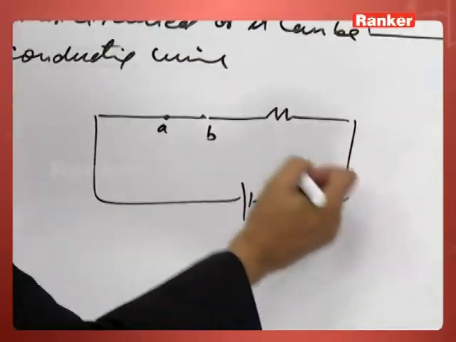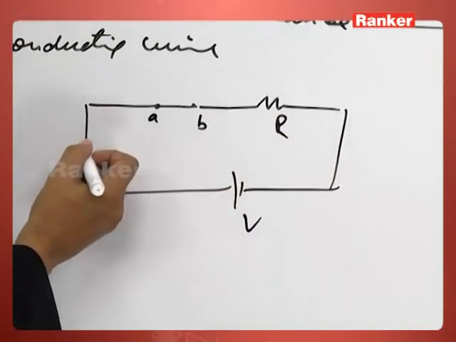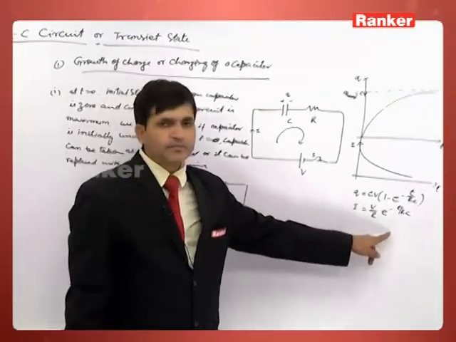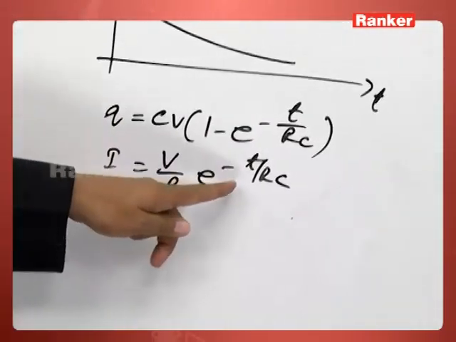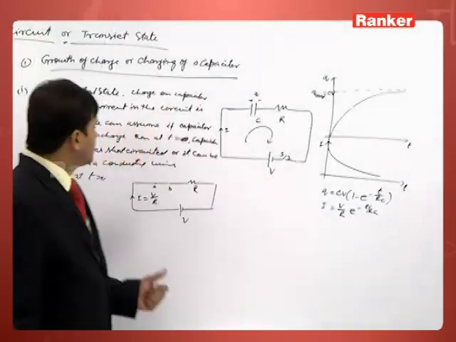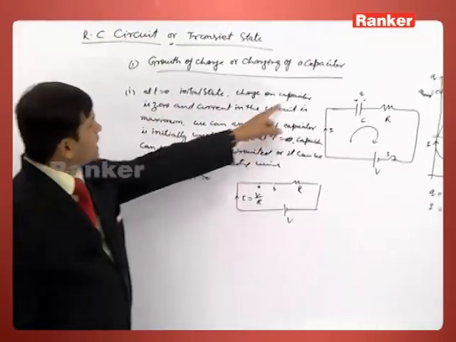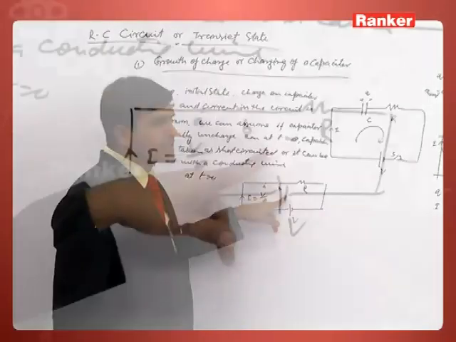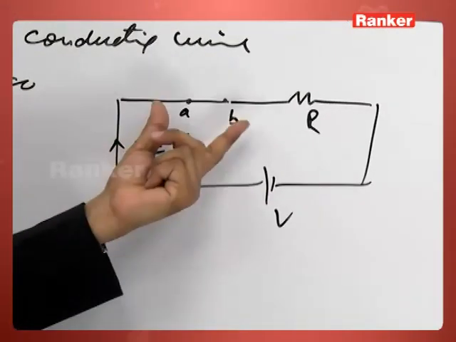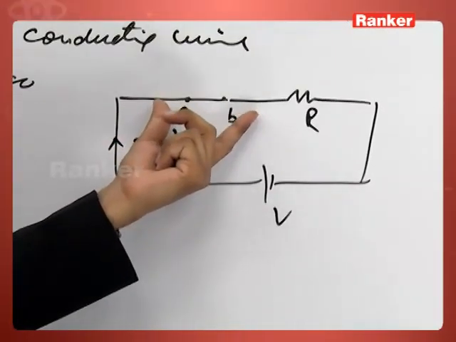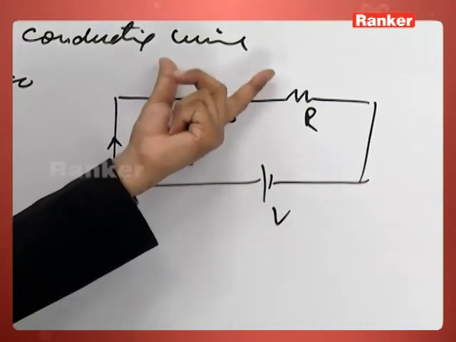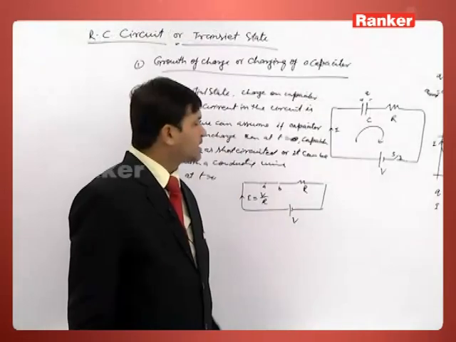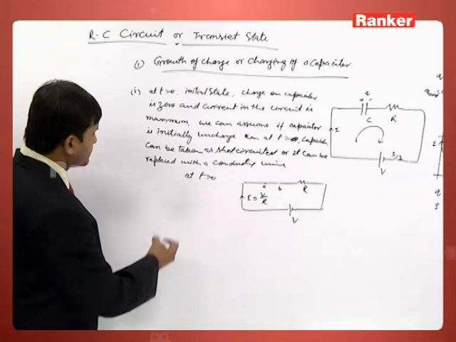Now see here, the current in the circuit will be V by R, as our expression indicates. At t = 0, if the capacitor is initially uncharged, it can be replaced with a simple conducting wire. So it offers no resistance, and there is no potential drop across the capacitor. All of the potential drop is across the resistance, so the current in the circuit will be maximum.